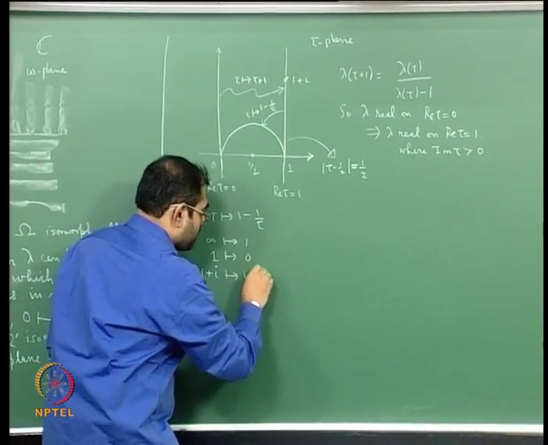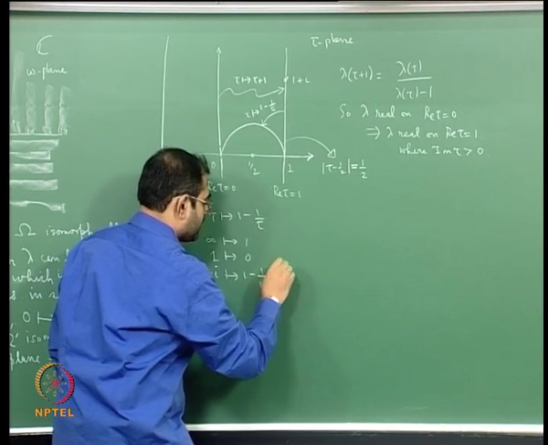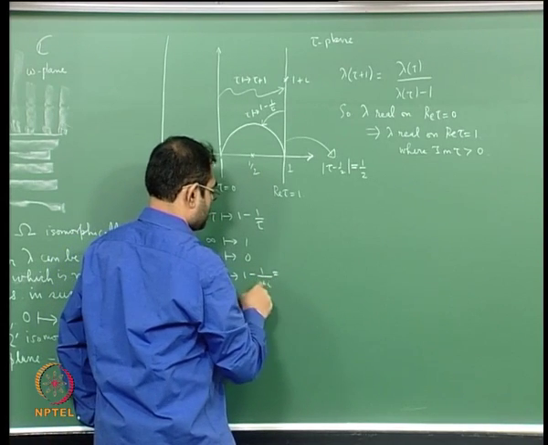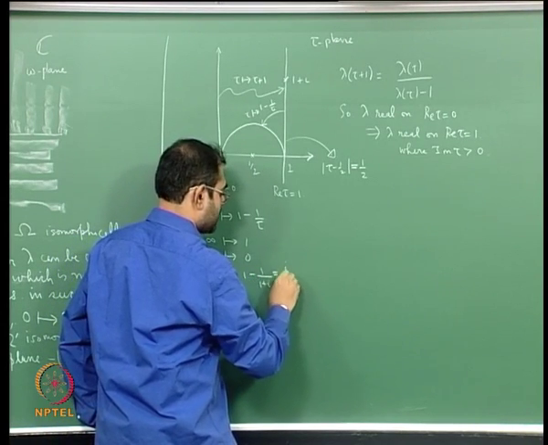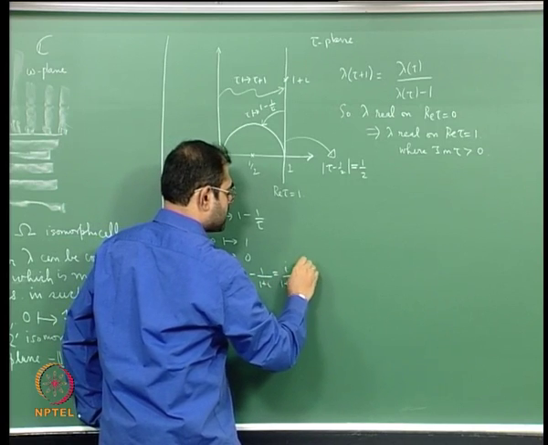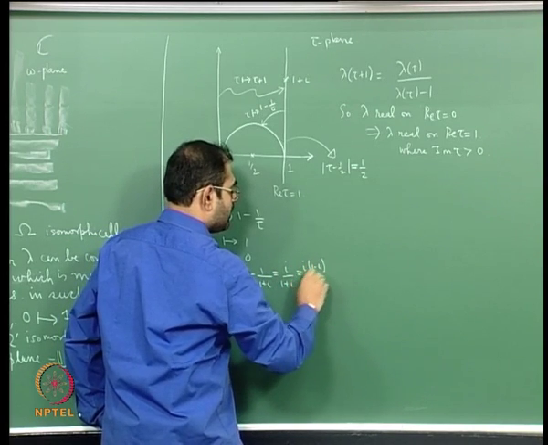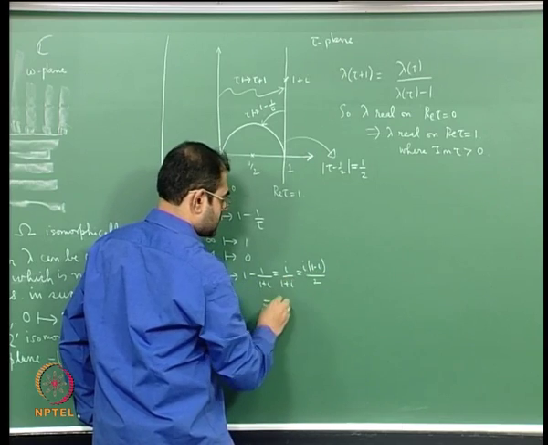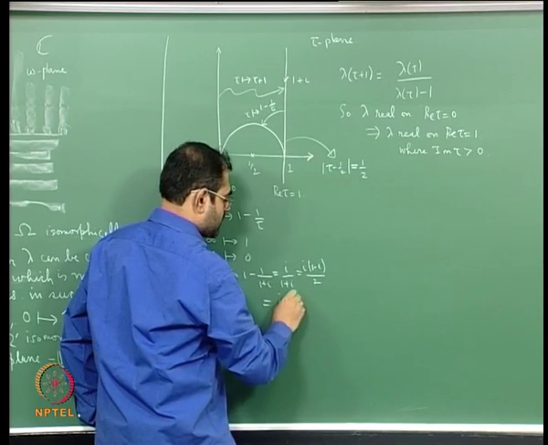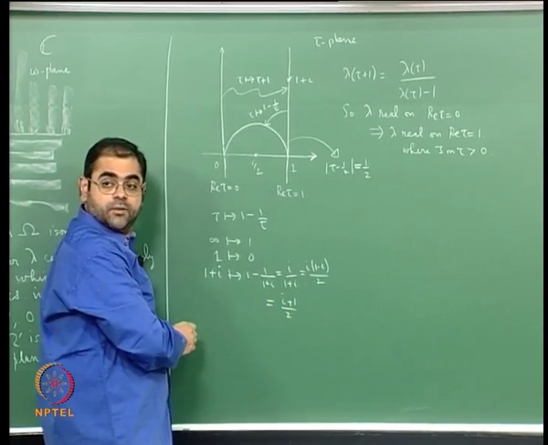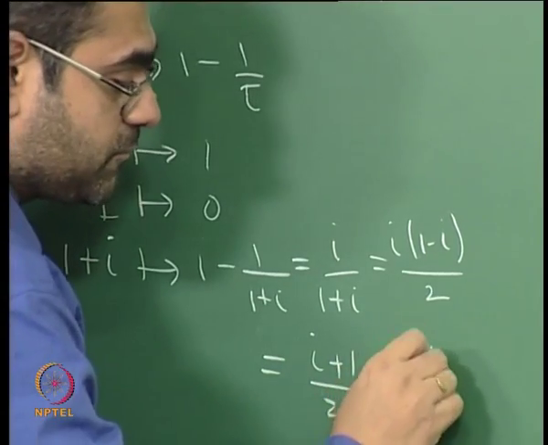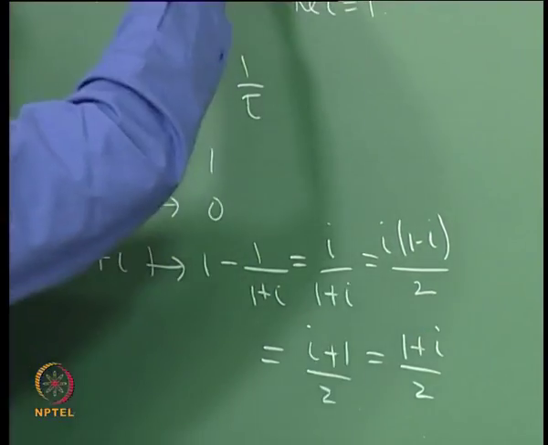It will go to 1 minus 1 by 1 plus i, which if you calculate is 1 plus i minus 1, so it is i by 1 plus i, and that turns out to be i into 1 minus i by 2, and this is i plus 1 by 2. So it's 1 plus i by 2, which is this point.